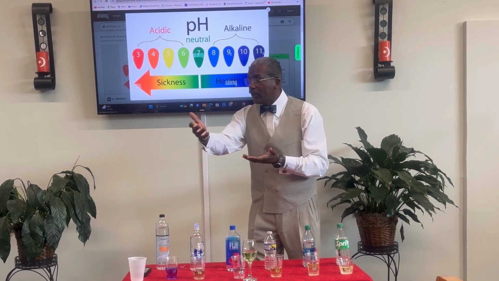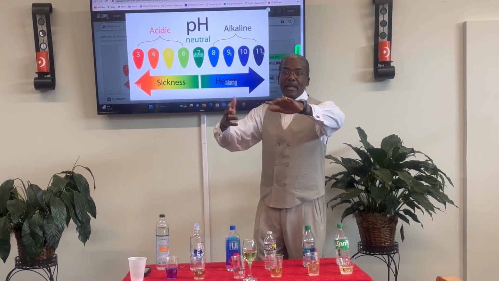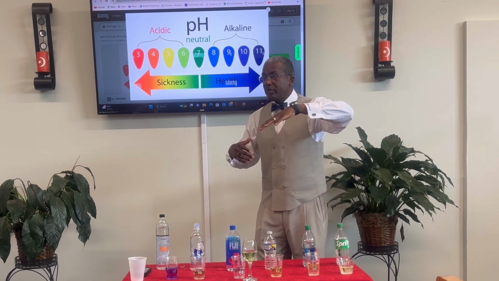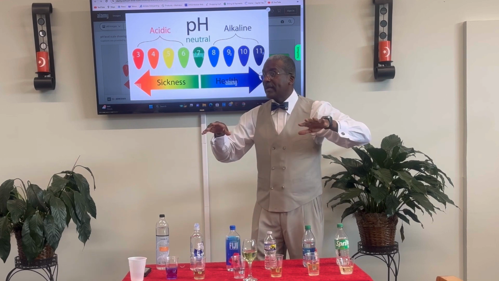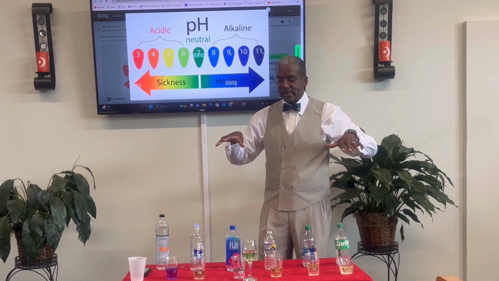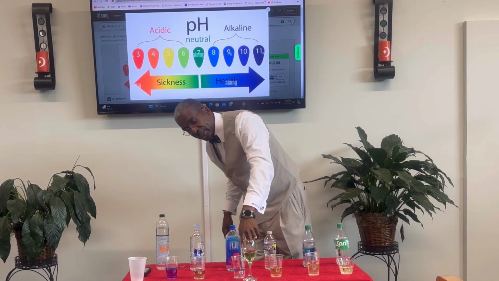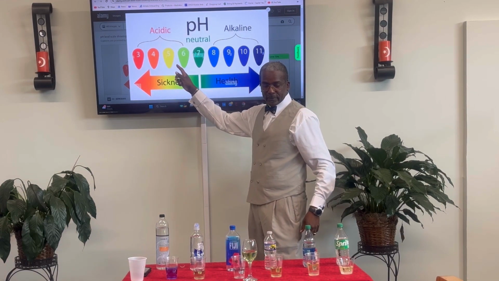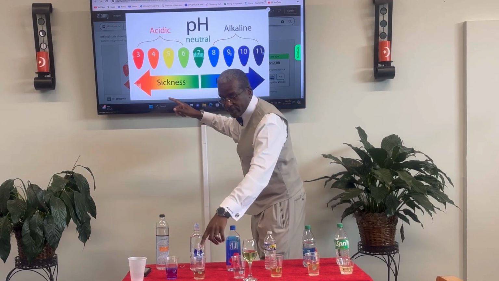Because if they don't, they're going to have what happened in Flint, Michigan. Then they have to shut everything down and start getting water. Nobody can drink that water from the sinks. And you can see how it's kind of turning now, going into that green level. But it's still better than your leading drinking water.